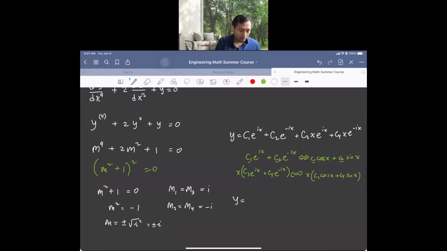So the general equation we could write as C1 cos x plus C2 sin x plus C3 x cos x plus C4 x sin x.